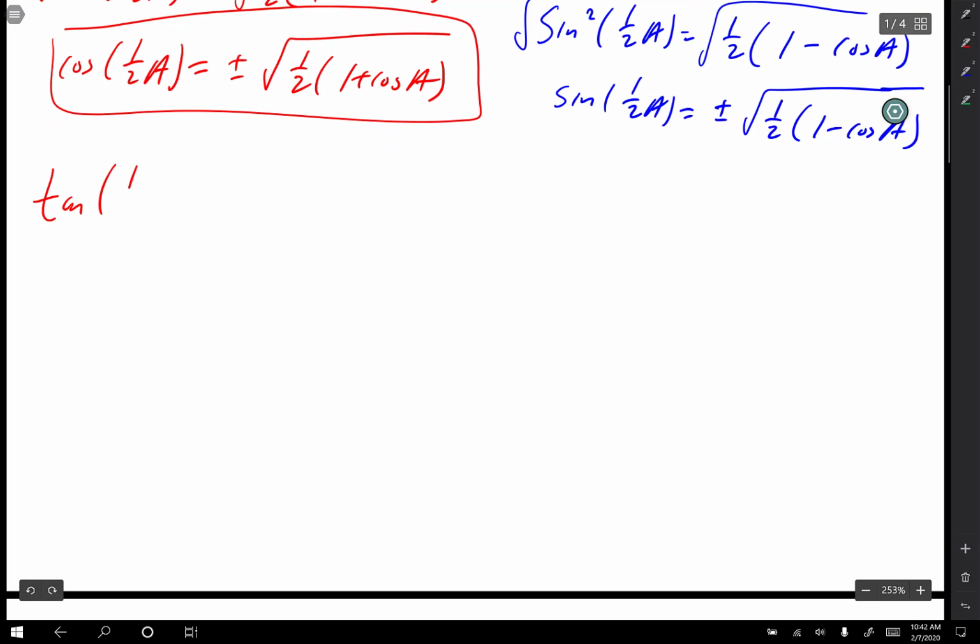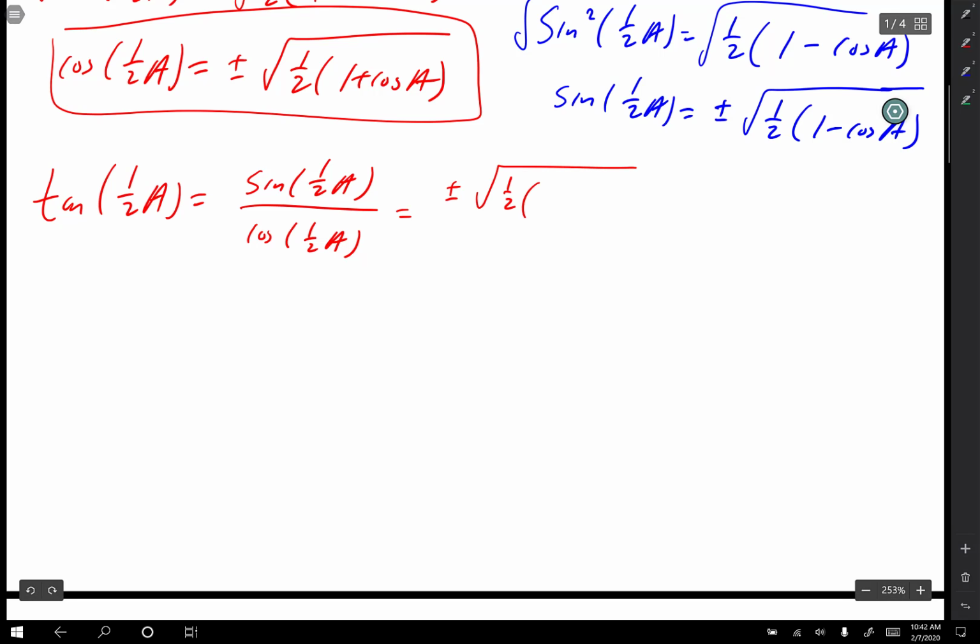So tan of half A is equal to sine of half A over cosine of half A. And I already know what sine of half A is. It's plus or minus the square root of 1/2 (1 minus cosine A) all over plus or minus the square root of 1/2 (1 plus cosine A). Those are the ones that we derived a little while ago.